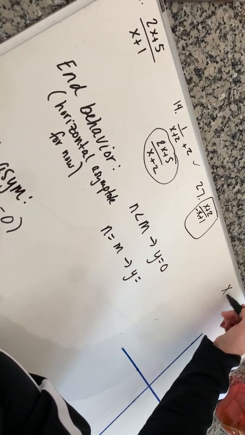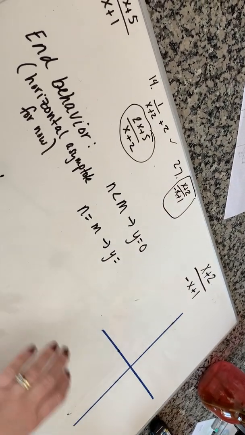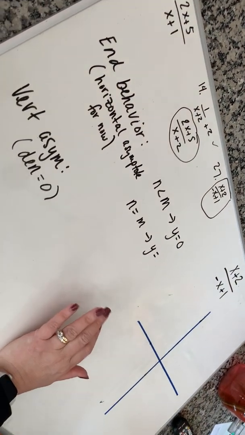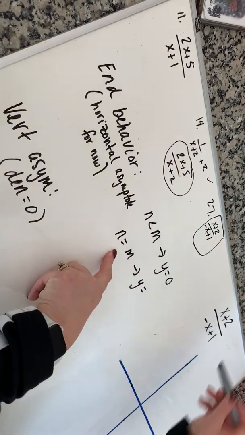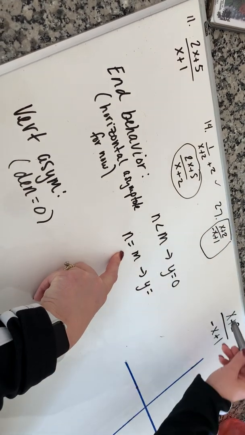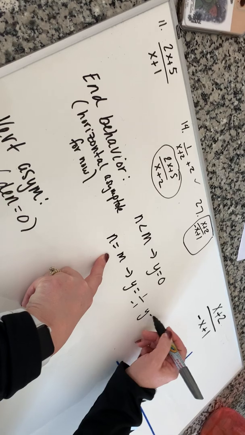All right, so I'm gonna do x plus 2 over -x plus 1. And again, I just put it in standard form, makes my life a little easier. The degrees are equal to one another, 1 and 1, okay? So I have 1 divided by -1, which is just y equals -1.